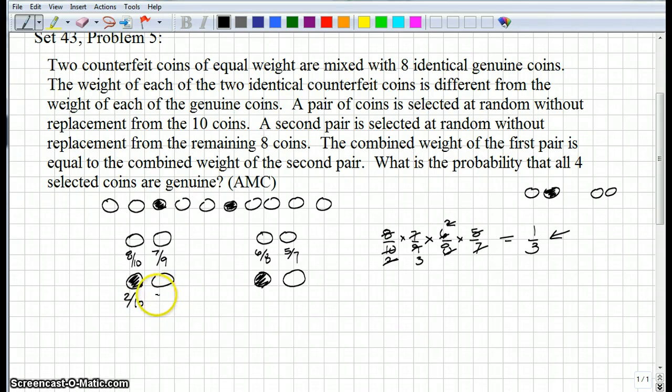Now we still have 8 genuine coins left, but only 9 total coins. Now we only have 1 counterfeit coin left, and we have 8 coins. And then finally we have 7 genuine coins left out of 7 total, so the probability is 1. Once you've drawn both the counterfeit coins, there are no counterfeit coins left, so you get a 100% chance of drawing a genuine coin on the last draw.